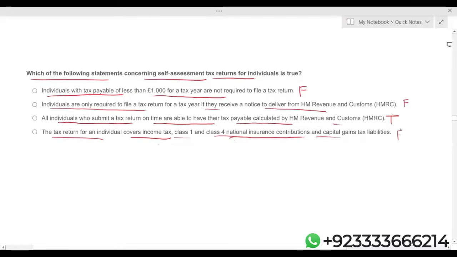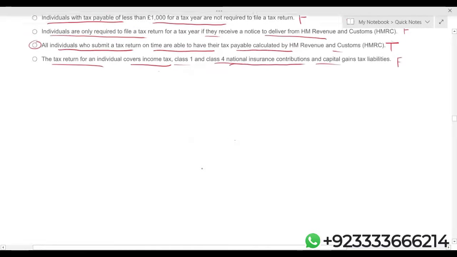Students, if you just recall, if there's a CGT on residential properties, then actually I will be paying tax in advance on that. So tax return will not only cover this. What about if there are any other income, for example, pension income? So basically, only the logical answer is C.